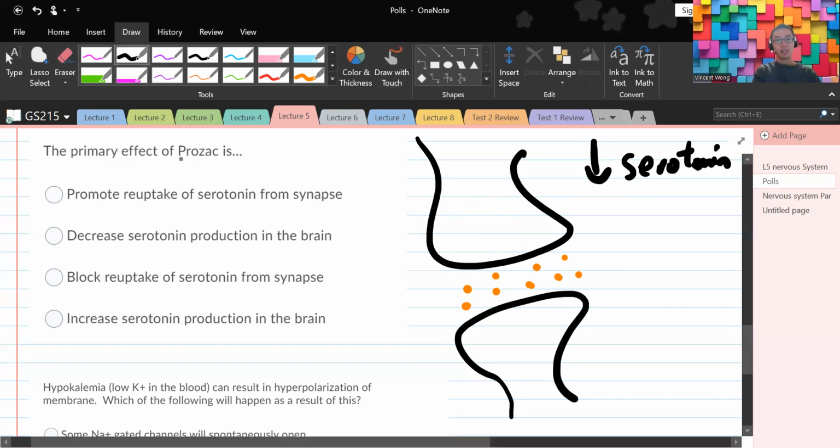And that's what the drug Prozac does. Prozac is an antidepressant, and it will block the reuptake of serotonin from the synapse. Okay, if you block the reuptake, you let it stay there longer, and it will be able to compensate for the low level of serotonin. Okay, because you don't have enough of it, right? So you make use of what you have. Okay, you let it stay there for longer.